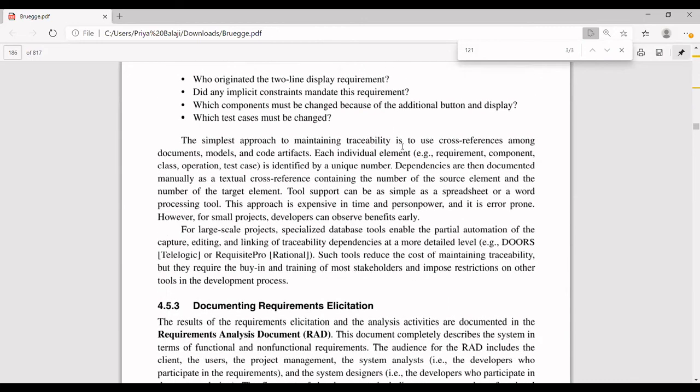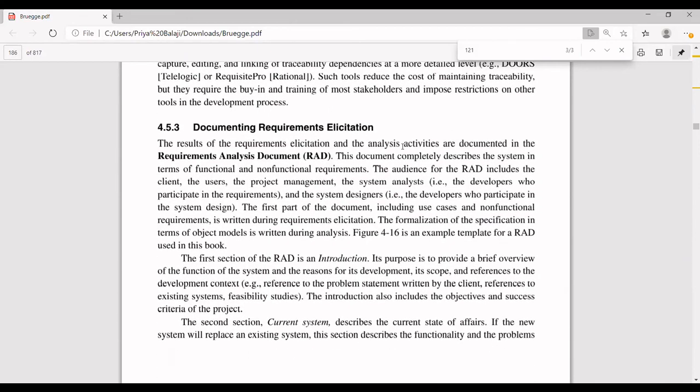The last point under managing requirements is documenting. Once your team activities are completed, the documentation has to be done. That is the requirements analysis document. This document gives you complete information about the functional requirements, non-functional requirements, what requirements are finalized, and who was involved in finalizing the requirements.